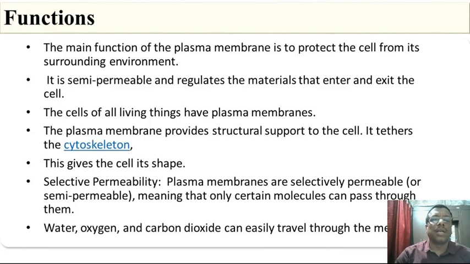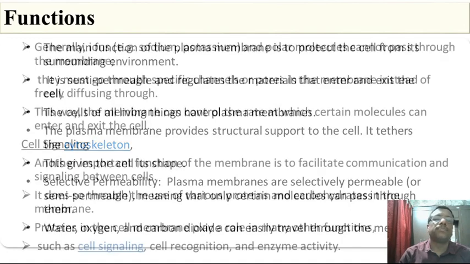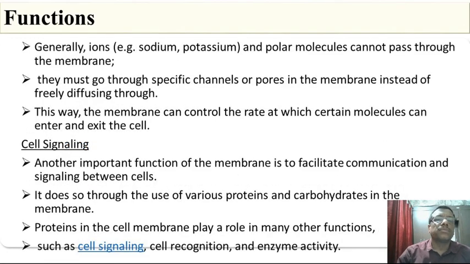As I told, selective permeability means the plasma membranes are selectively permeable because they allow only certain molecules to pass through them. For example, water, oxygen and carbon dioxide can easily travel through the plasma membrane. Generally, ions like sodium and potassium and polar molecules cannot pass through the plasma membrane.